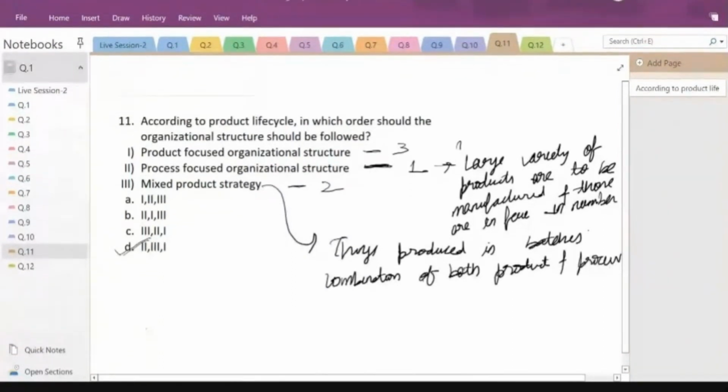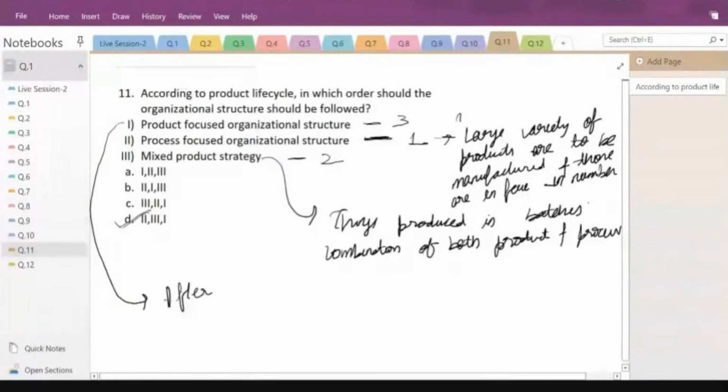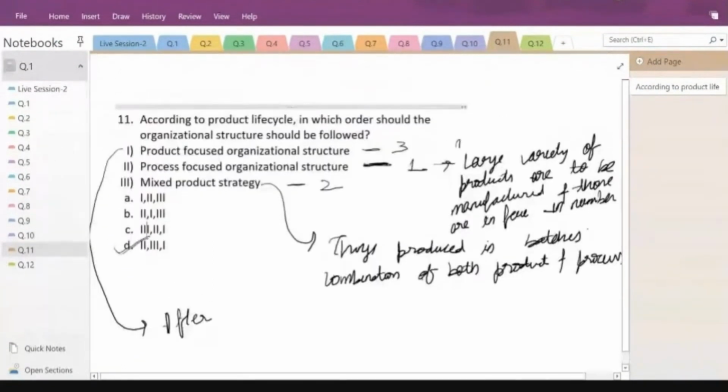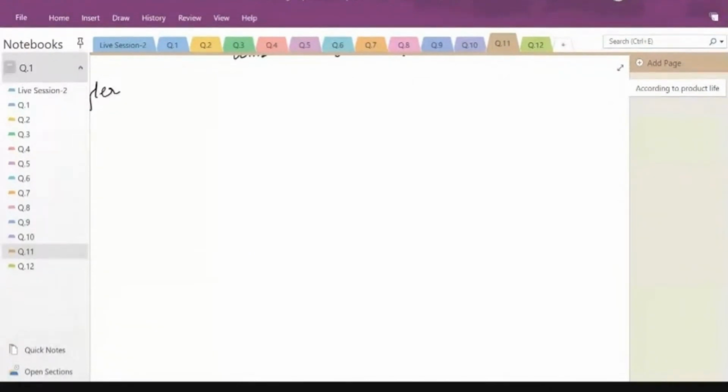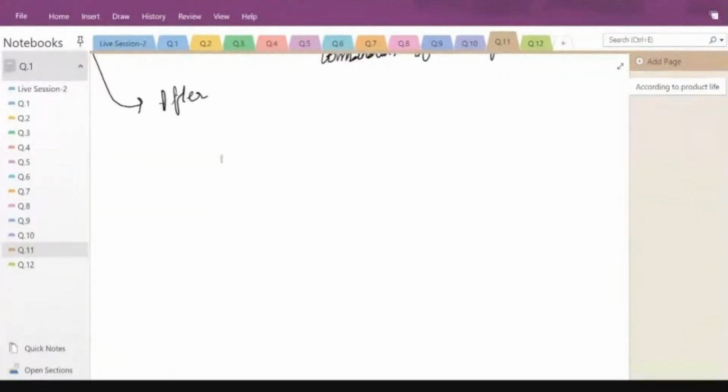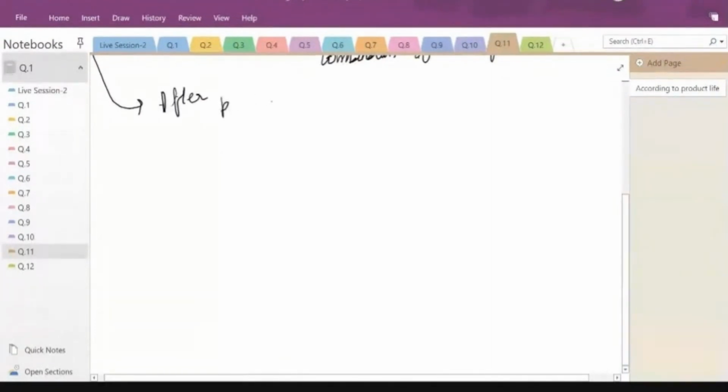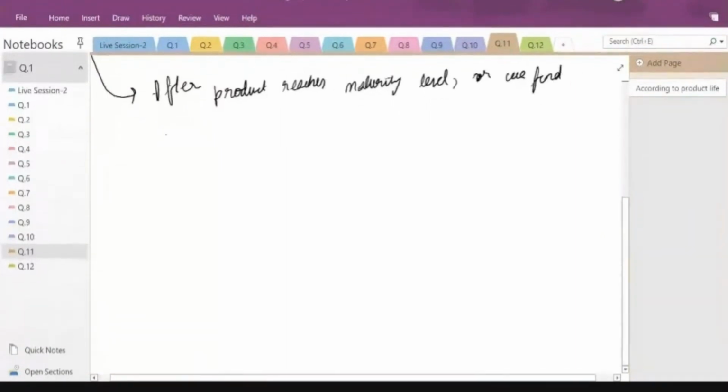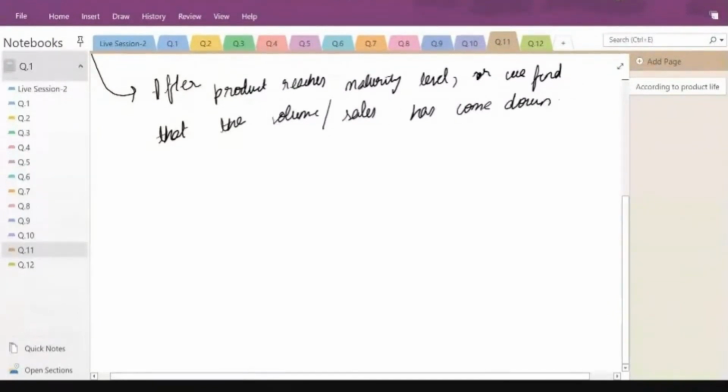And the product focused one is followed after the product reaches maturity level, or when we find that the volume or sales has come down.